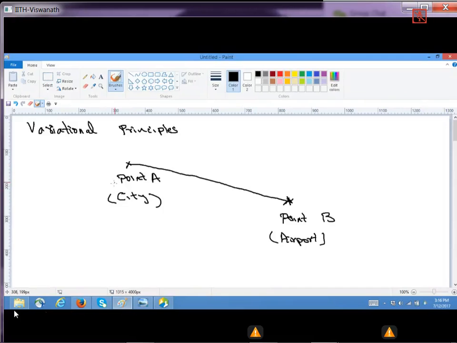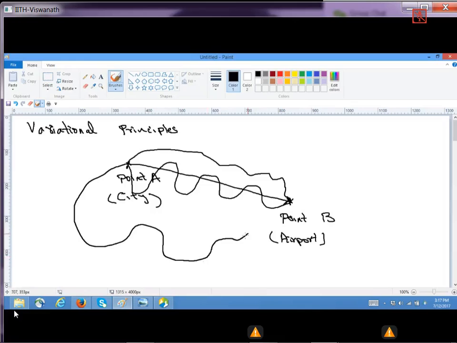But the shortest distance path is not always energetically efficient. If you take small gullies or small lanes, you'll end up going to the airport in this manner, or you can end up in some weird format and then reach here, or you can go in any different path and reach here.